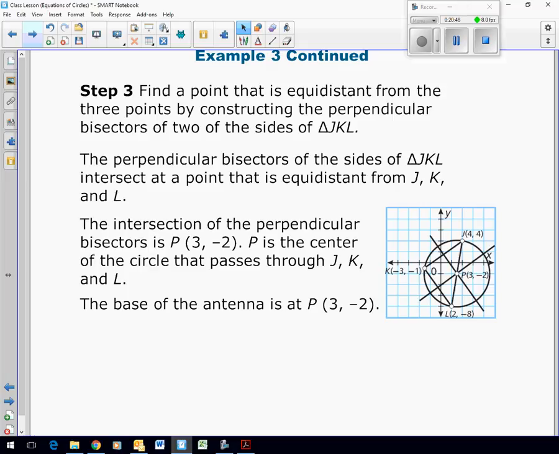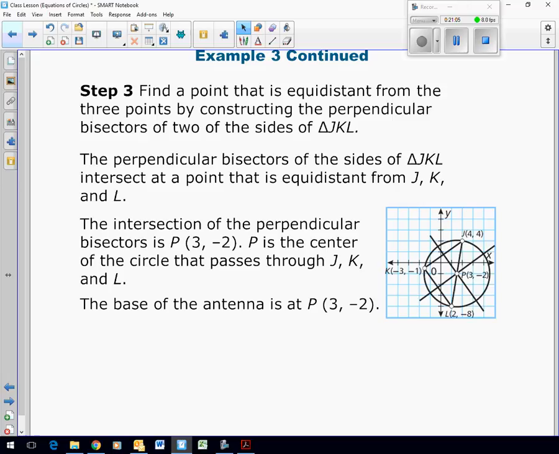This is just a fancy way of showing you how you can create a circle on a grid. Everybody with me on that? You're going to create that circle and figure out what the point would be equidistant from the 3 points. You can do that by drawing a circle.